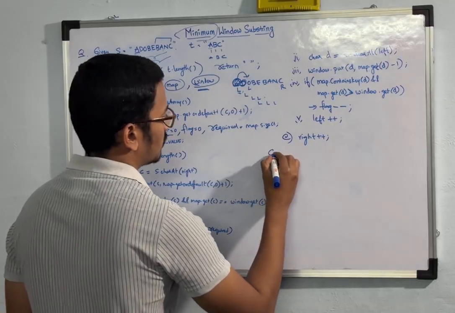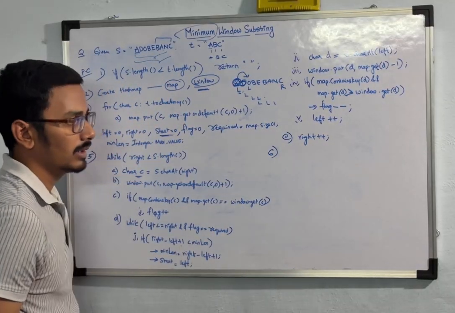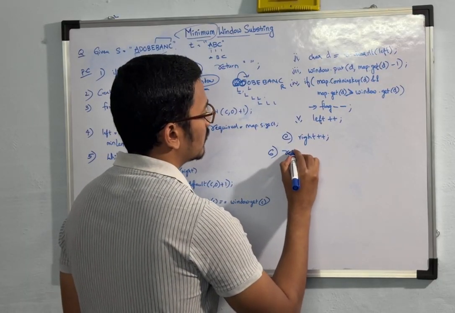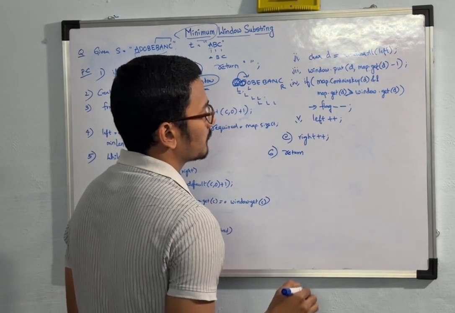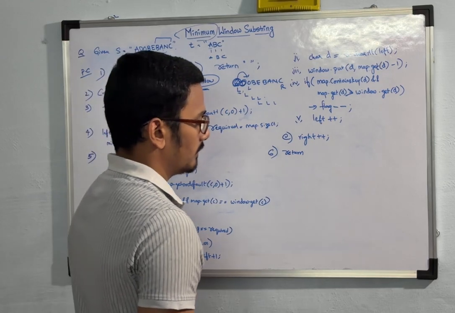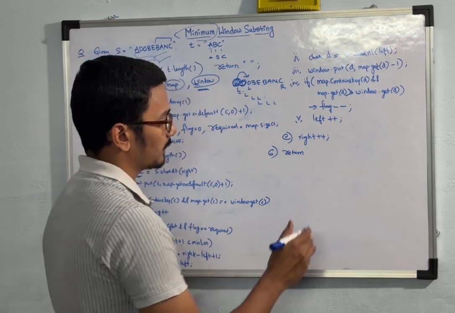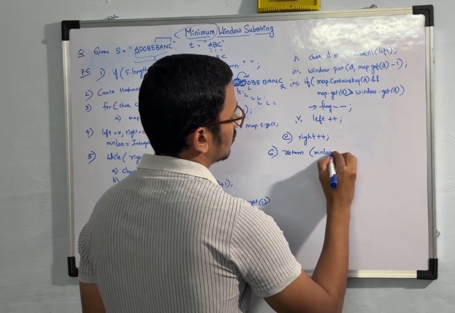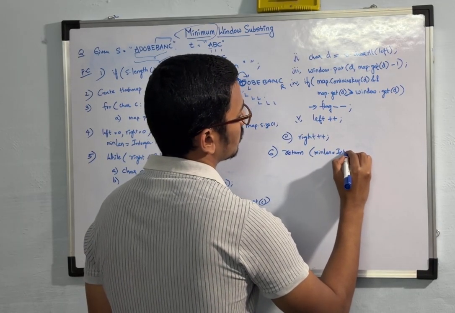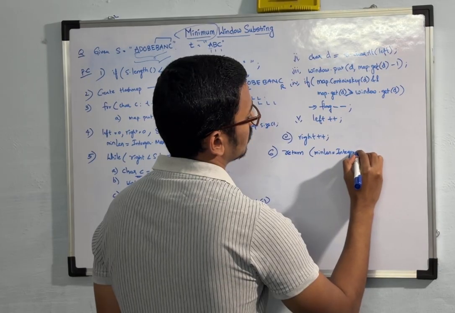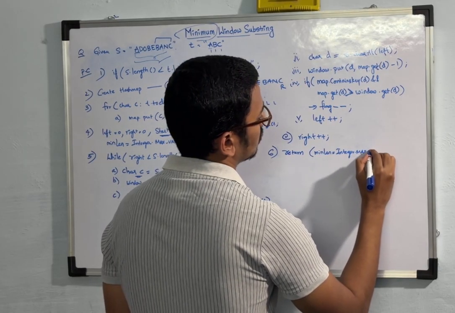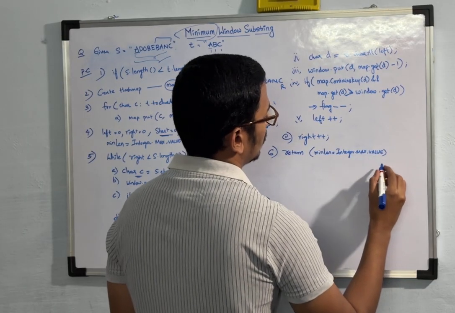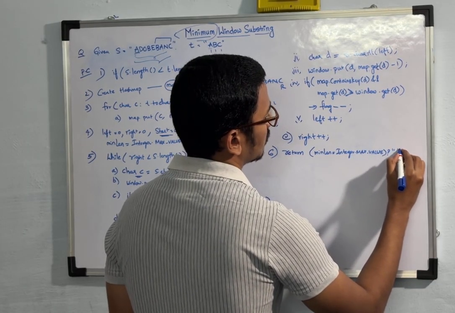The sixth step will be returning the string. Returning also is based on a condition. If min length equals integer dot max value, then I'll return an empty string.